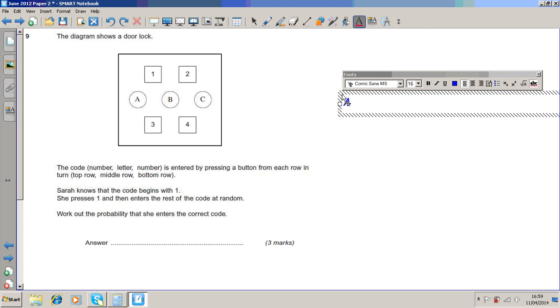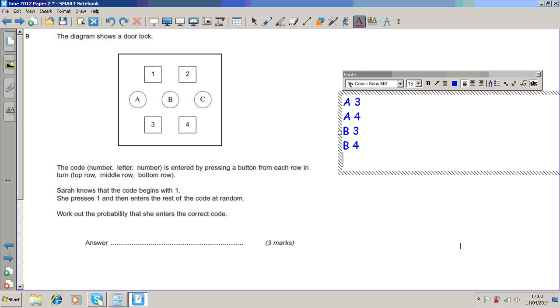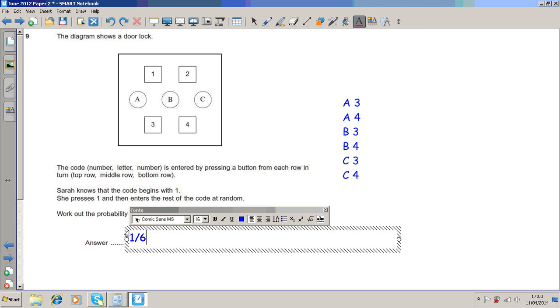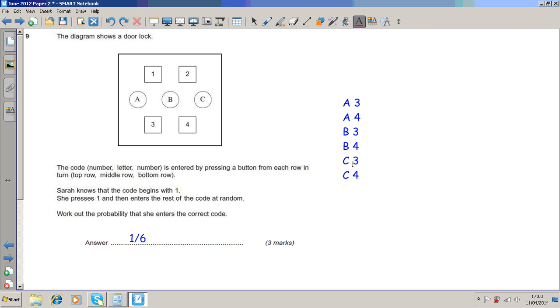It could be 3, it could be 4, it could be B3, B4, C3, C4. They are all the options that it could be. I'll work out the probability she enters the correct code, while only one of them is correct. So that's 1 out of 6 possible options are correct.